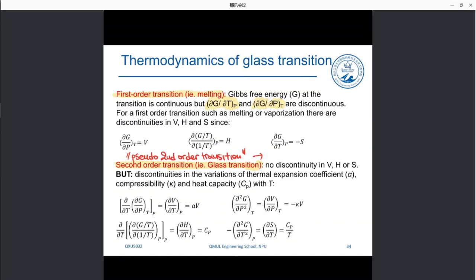Pseudo means fake, not real. So in the case of melting, essentially, the first partial derivatives of the Gibbs free energy with respect to the relevant state variables are discontinuous. The state variables are volume, pressure, and temperature.